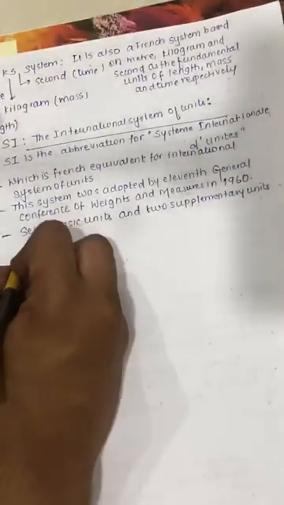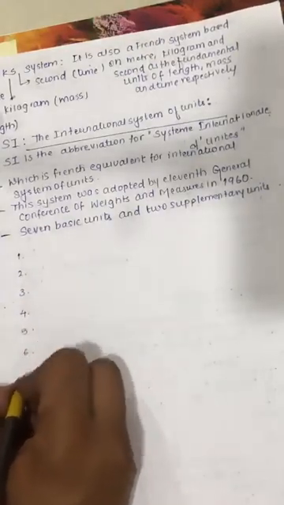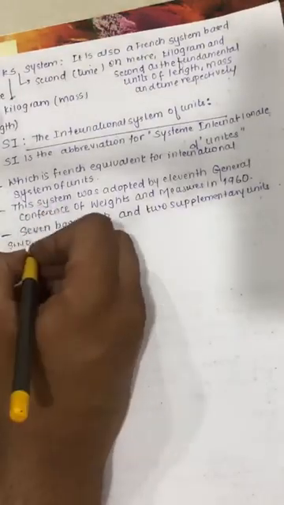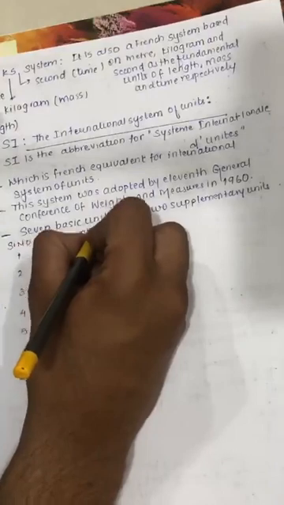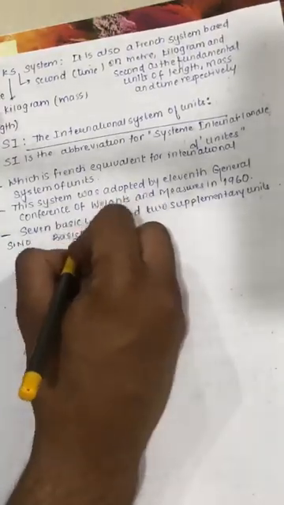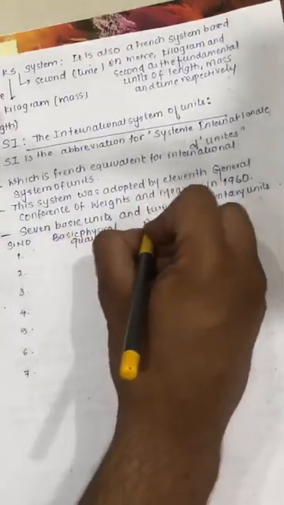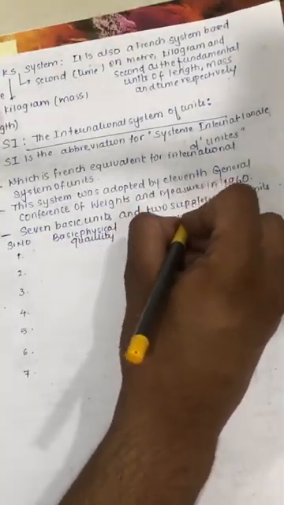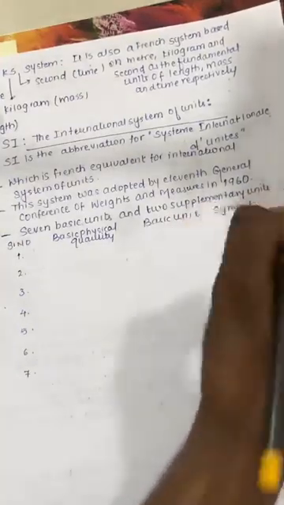I will list down first, second, third, fourth, fifth, sixth, seventh. This is your serial number, basic physical quantity, then its basic unit, and last is the symbol of the unit.